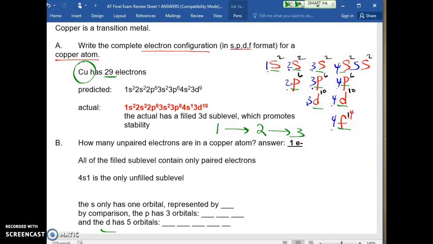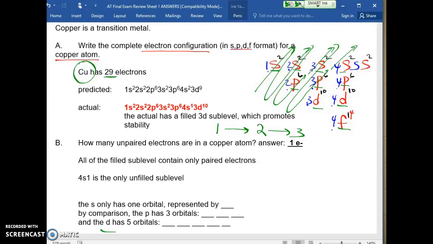Now, once you have your little triangle set up, we add arrows. Recall here, this upward arrow first tells us we fill the 1s first, and those get 2 electrons, followed by the 2s, followed by the 2p and the 3s, followed by the 3p and the 4s.